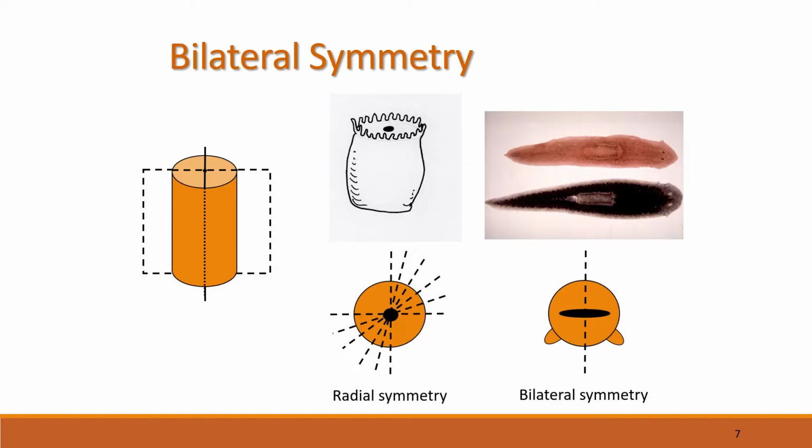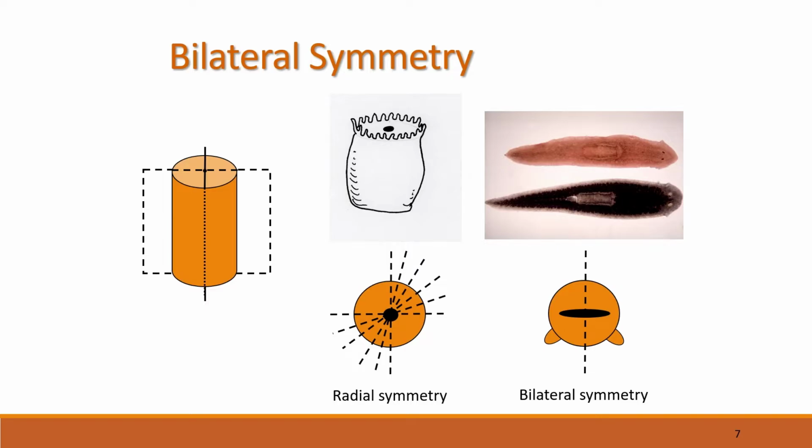You may remember from our session on the cnidaria that the cnidaria are radially symmetrical, meaning that they have multiple planes of symmetry. So you can see this in the center of the slide where there's this polyp body-formed cnidarian with its multiple lines of symmetry. And then on the far right of the slide, we have these platyhelminths, which are bilaterally symmetrical.